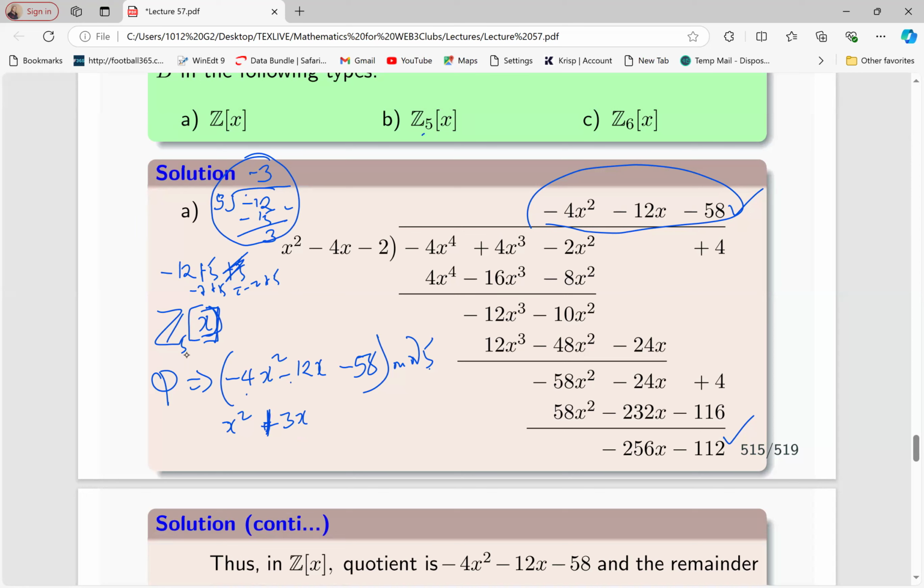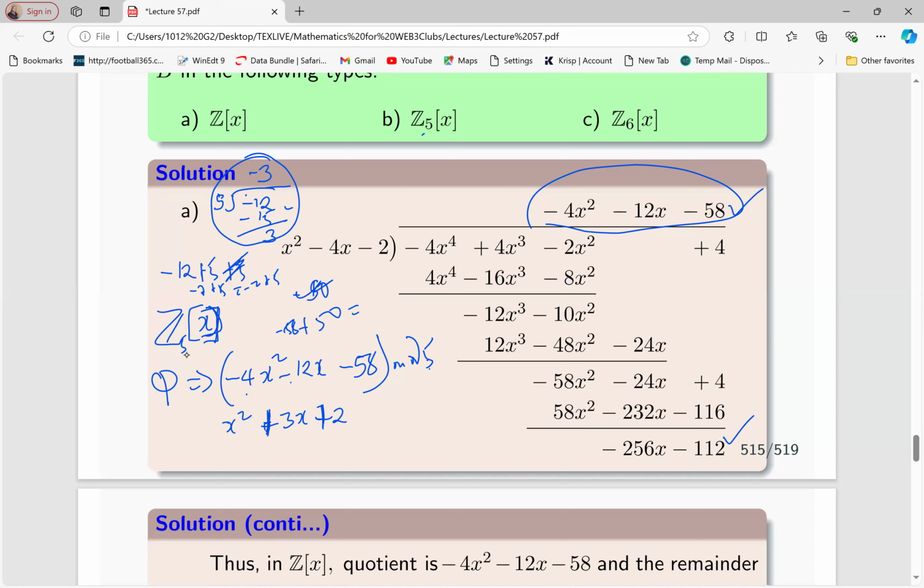What about negative 58? You would add 5. If you add 5 ten times, that would be 50, added to negative 58.